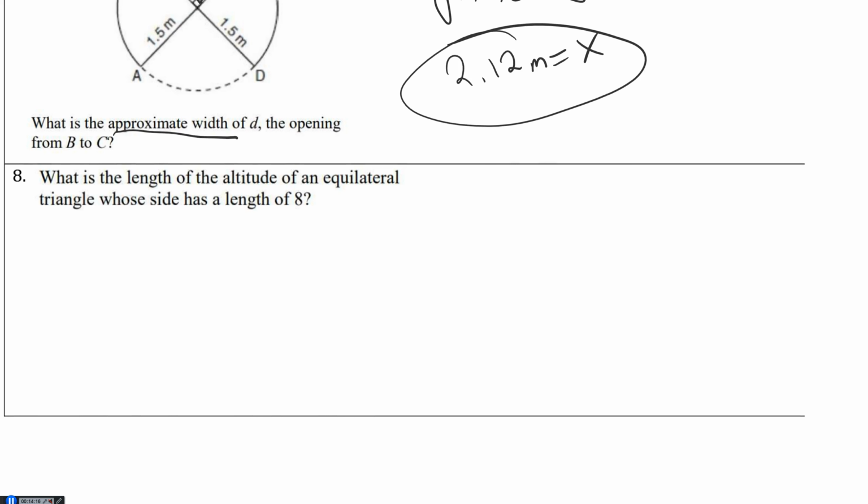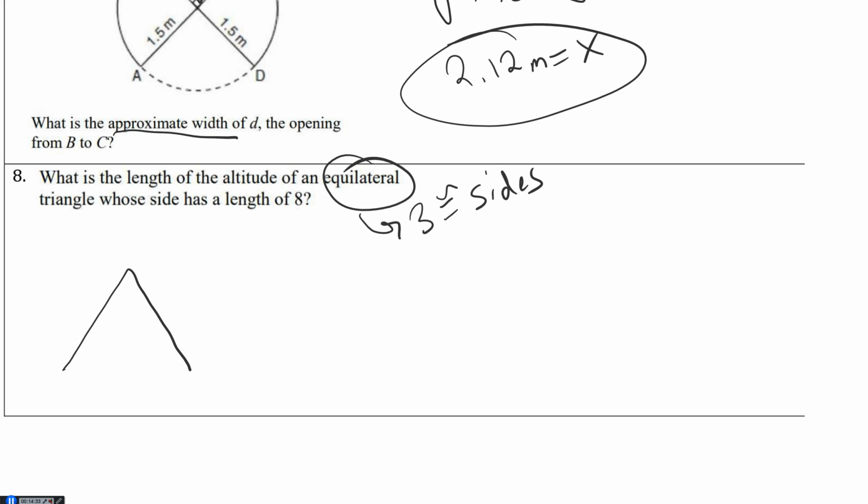For number 8, what is the length of the altitude of an equilateral triangle whose side has a length of 8? So remember, an equilateral triangle has 3 equal sides, or 3 congruent sides. So each of those sides is going to be 8 in length.